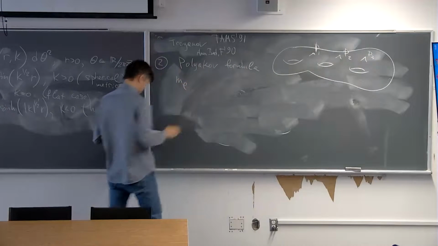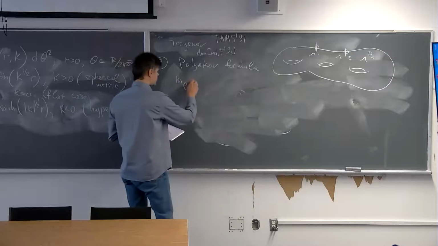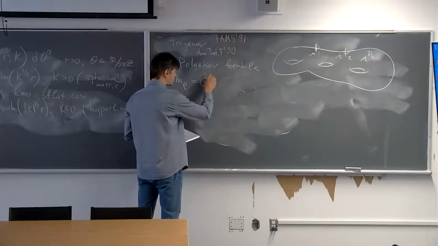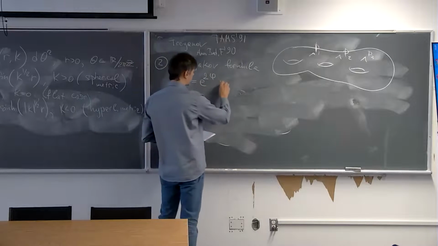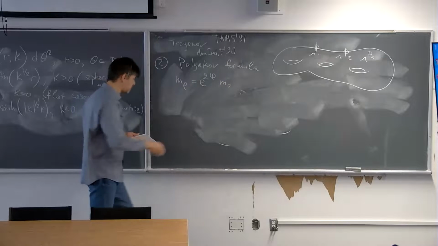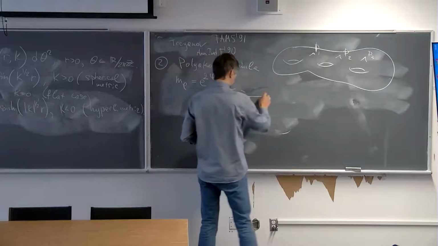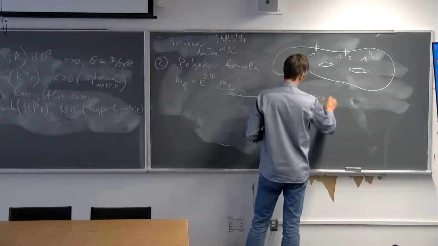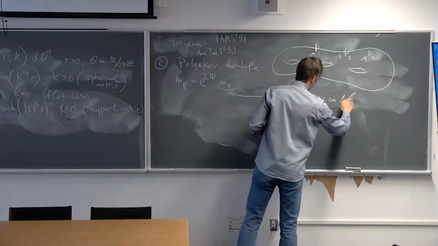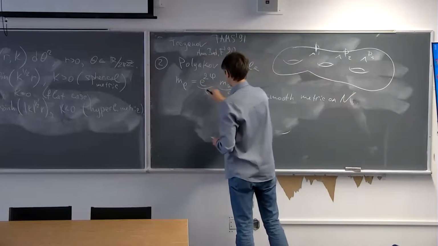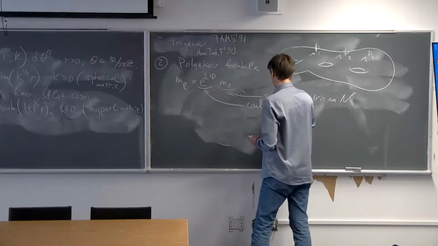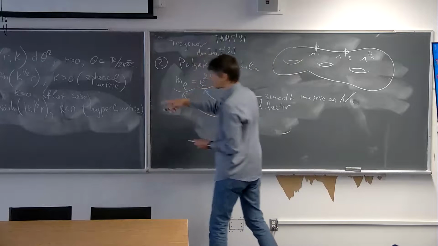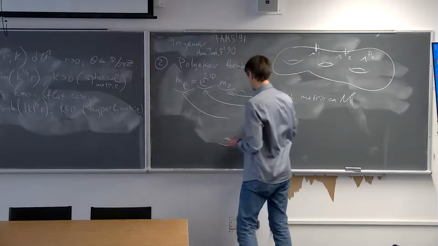M phi is a conical metric, or metric with conical singularities, and we will be writing it like this: the conformal factor multiplied by some metric M naught. M naught is a smooth metric on M. This is the conformal factor, and this is a metric with conical singularities, as discussed before.